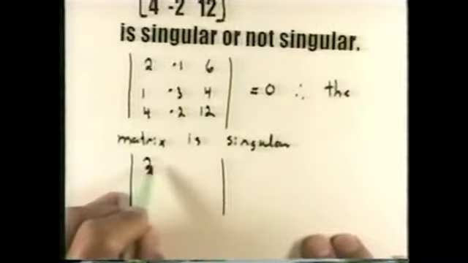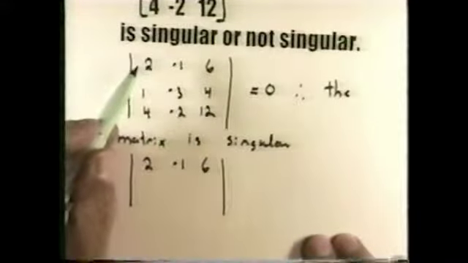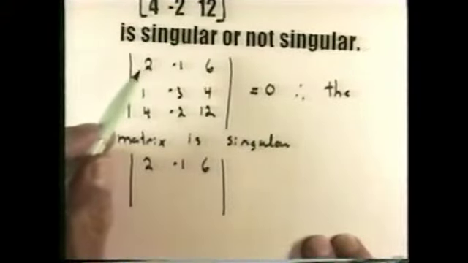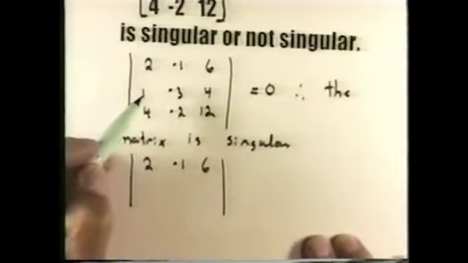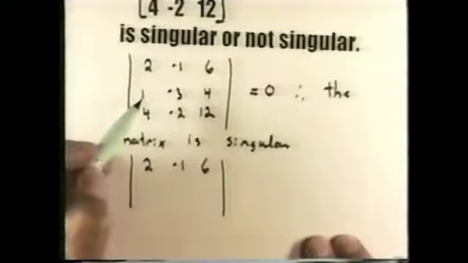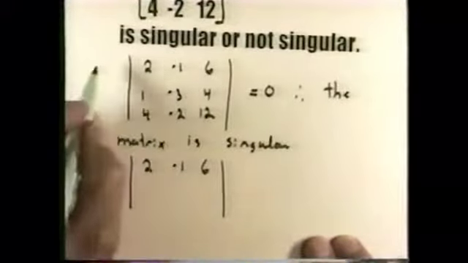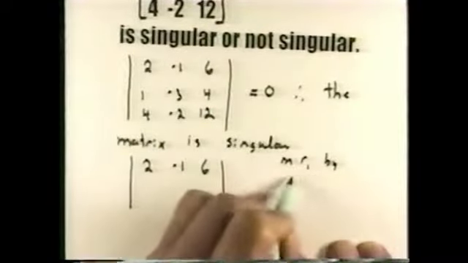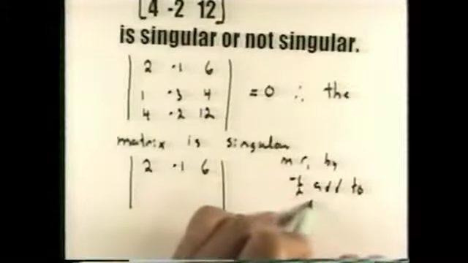So just leave the first row the same and multiply the first row by -1/2, add to row 2. That would probably be the easiest thing to do. I'll get one fraction, that's not too hard to deal with.